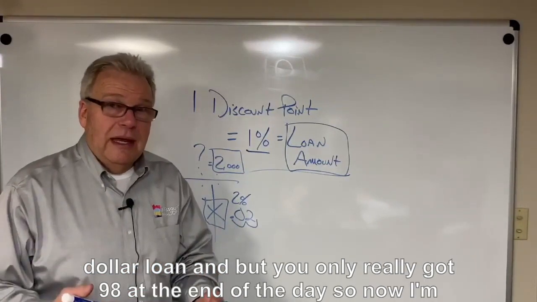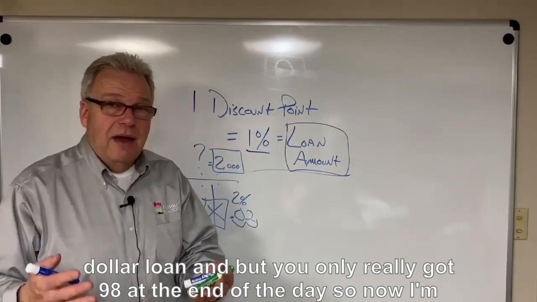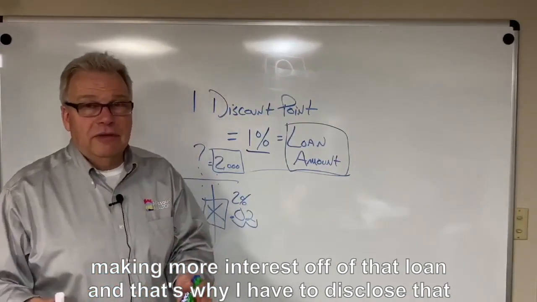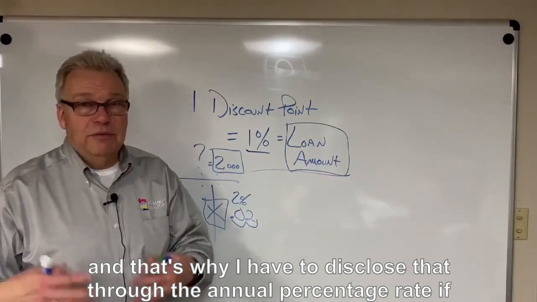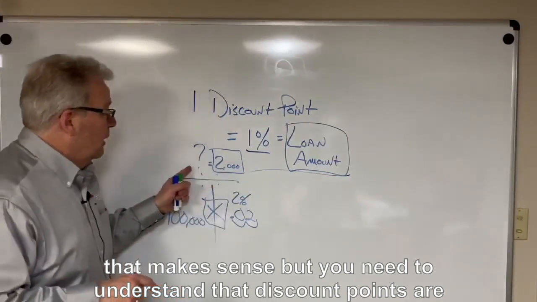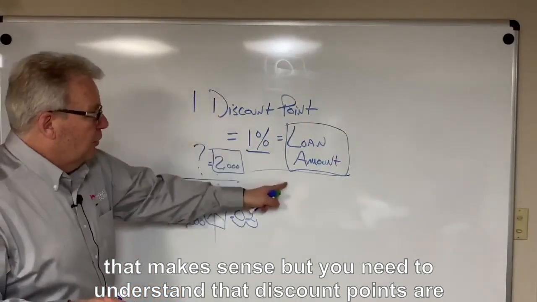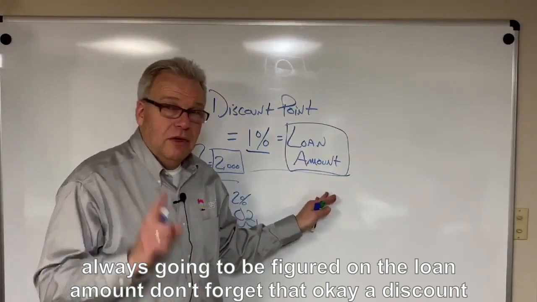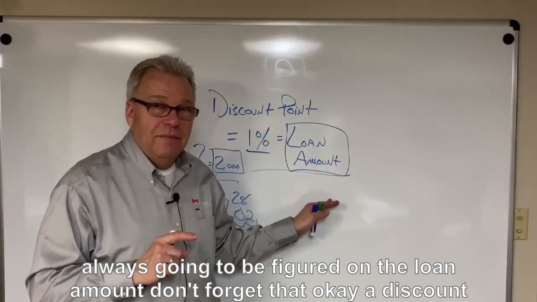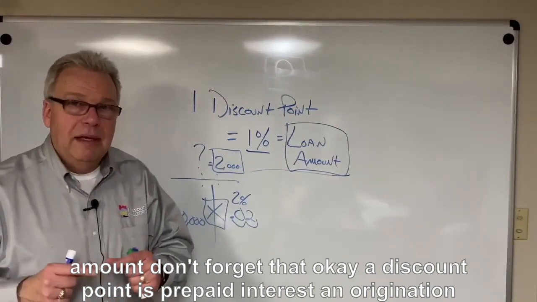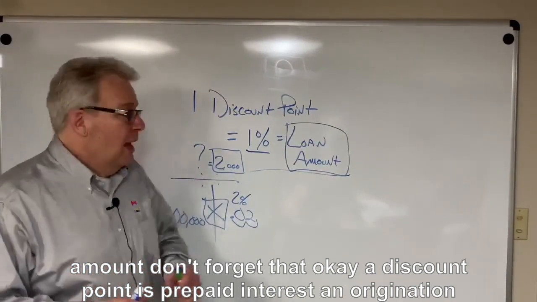But you only really got 98 at the end of the day, so now I'm making more interest off that loan, and that's why I have to disclose that through the annual percentage rate. But you need to understand that discount points are always going to be figured on the loan amount. Don't forget that, okay? A discount point is prepaid interest.